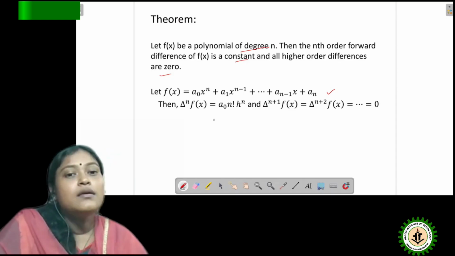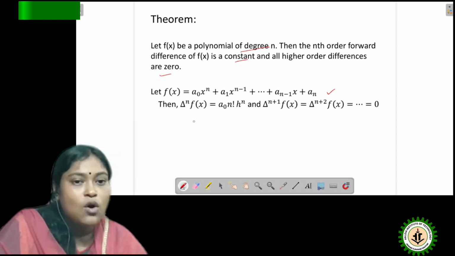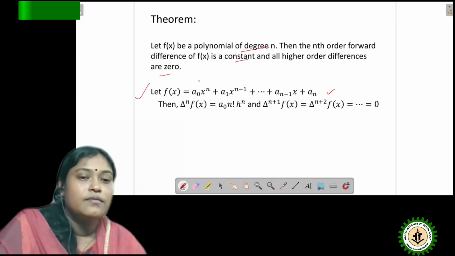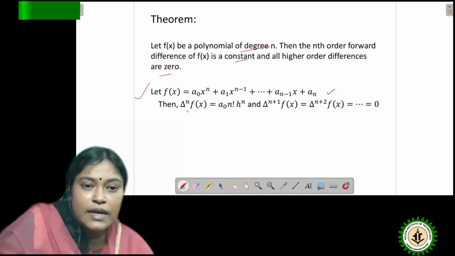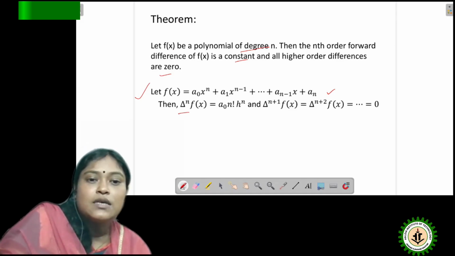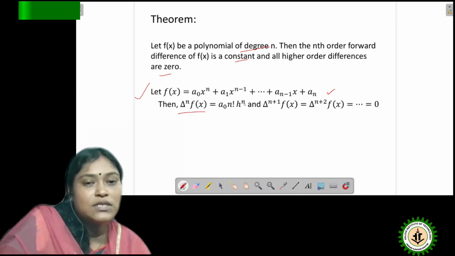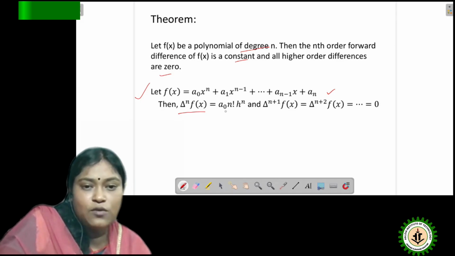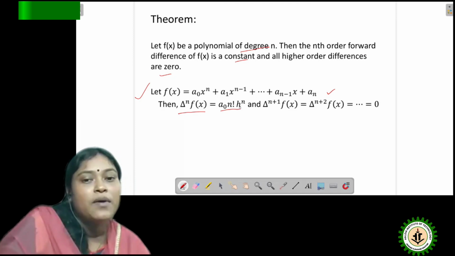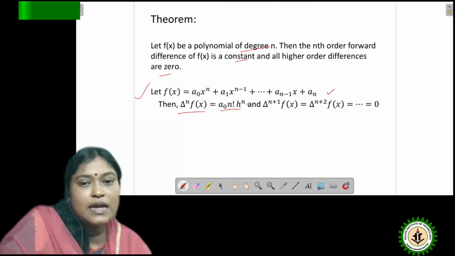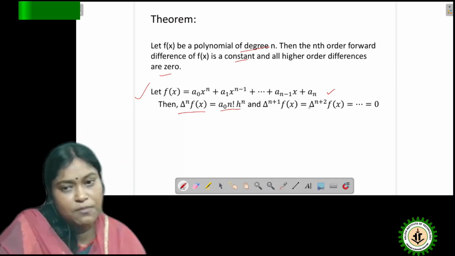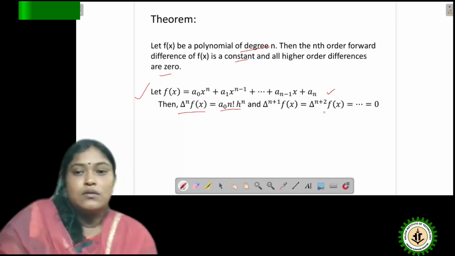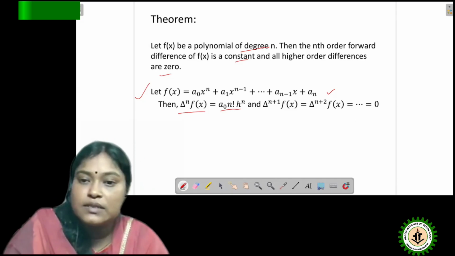If I use forward difference on this polynomial f x, then delta to the power n f x gives a constant value, and that value will be a naught into n factorial into h to the power n. And delta to the power n plus 1 f x, delta to the power n plus 2 f x, and so on, will be 0.